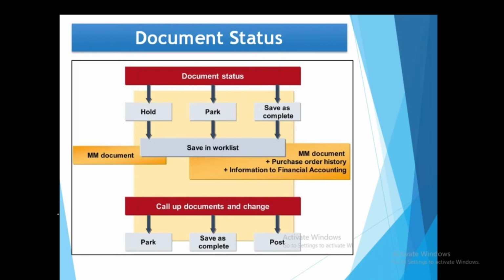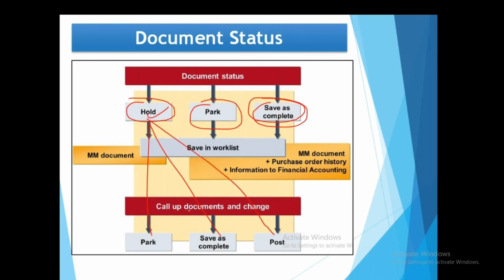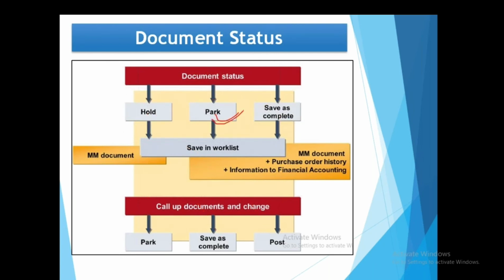Okay, so basically you can hold the invoice, you can park the invoice, or you can save as complete. When you do this, after you hold the document, you can do parking, you can do save as complete, and then you can post it. Or if you park a document directly, you can do save as complete or you can do posting.